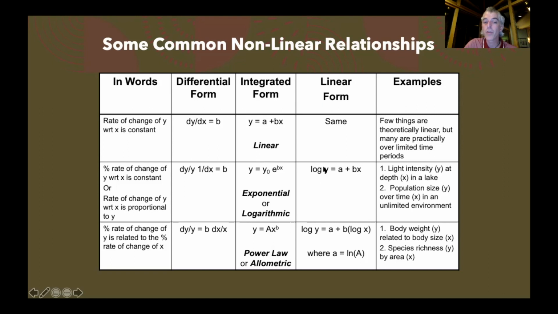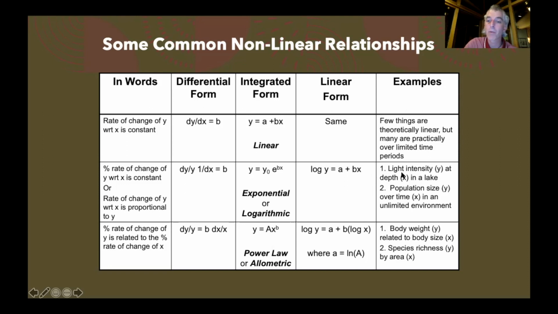So when we do this, we can then model the percent rate of change of y by x in some linear way. So instead of trying to model y predicted by x, we're modeling the log of y predicted by x, which takes a fundamentally nonlinear relationship and linearizes it.